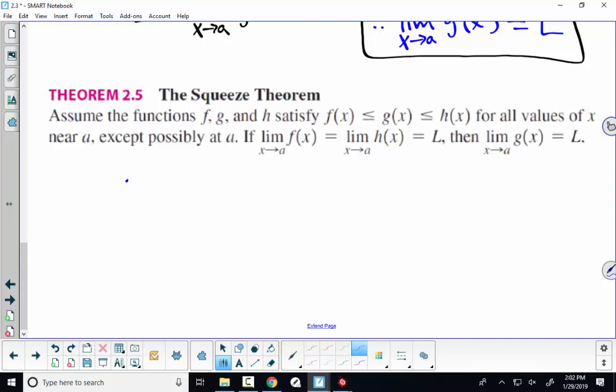So we're given the limit as x approaches a on g of x, and the difficult part of utilizing this theorem is coming up with these two functions so that g of x is in between those. I'm not going to have you come up with any of these inequalities, but you do need to know how to utilize this theorem.